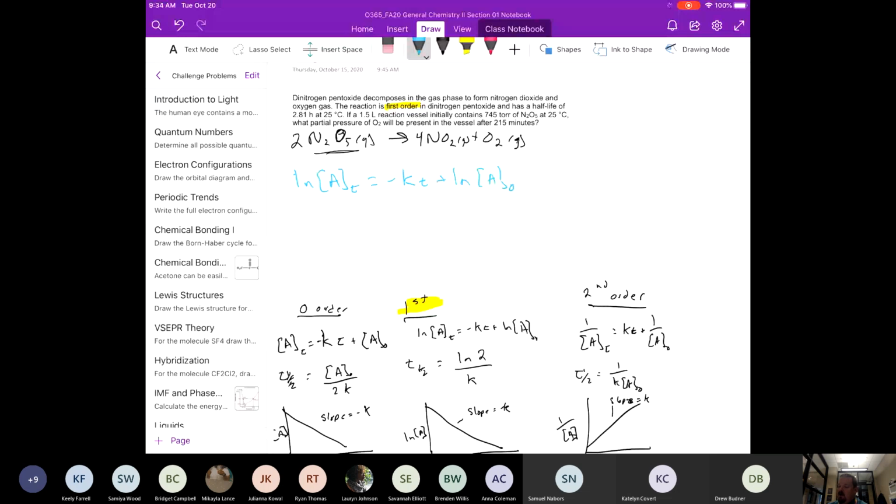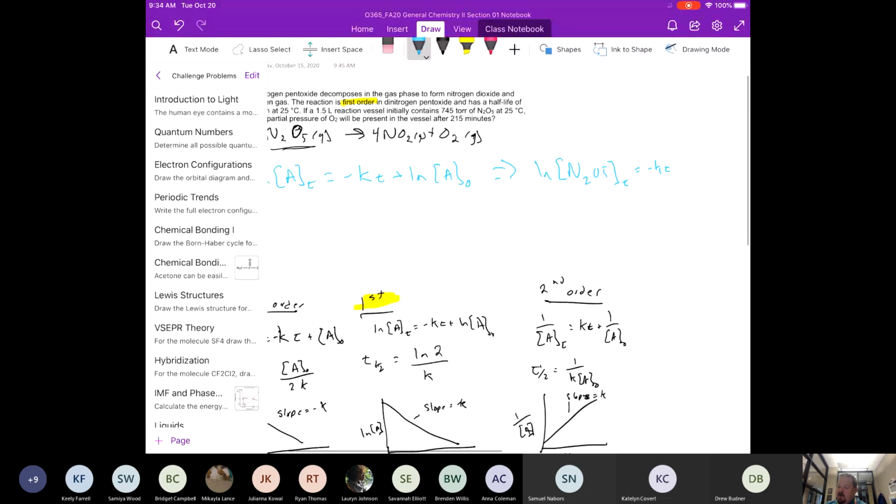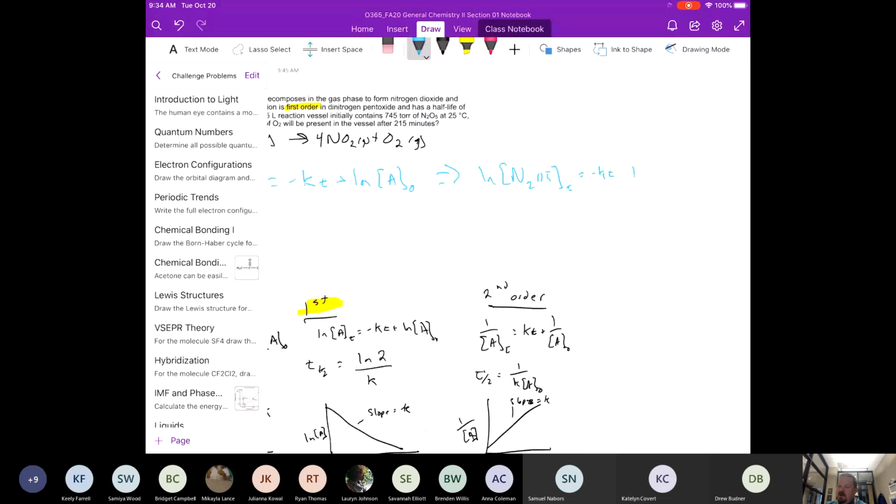In this case, it's going to be the natural log of the concentration of N2O5 at some time t is equal to negative kt plus the natural log of the concentration of N2O5 initially.